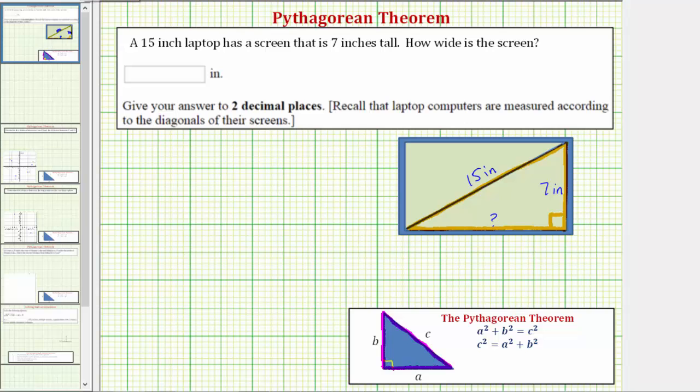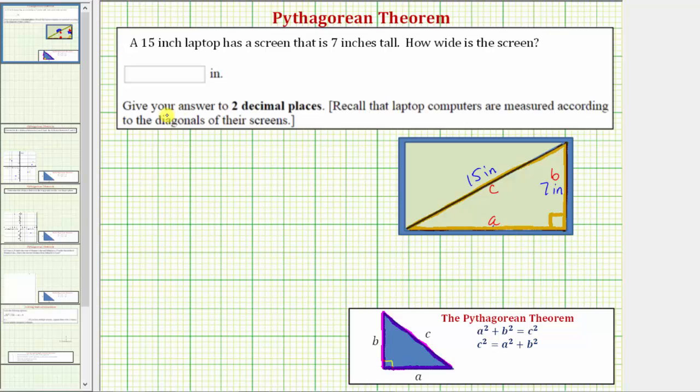So looking back at our right triangle, notice how the hypotenuse is a length of 15 inches, and therefore c is equal to 15. One leg has a length of 7 inches, the other leg has an unknown length. So let's go ahead and label the unknown length a for a inches, and let's let b be this leg, and therefore b is equal to 7 inches.